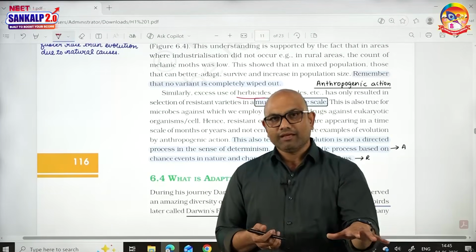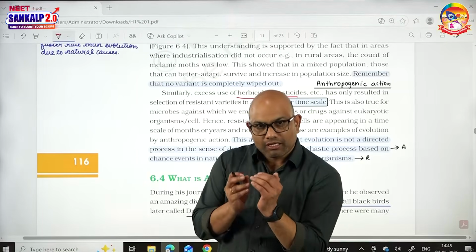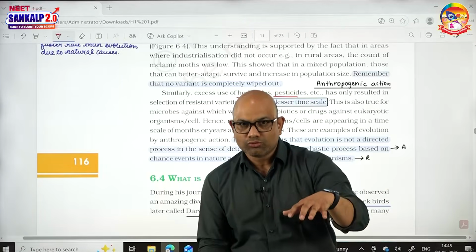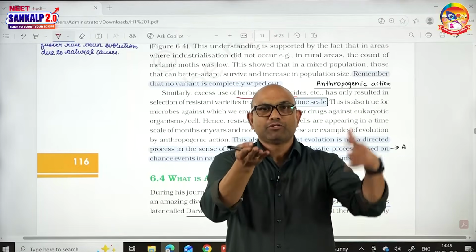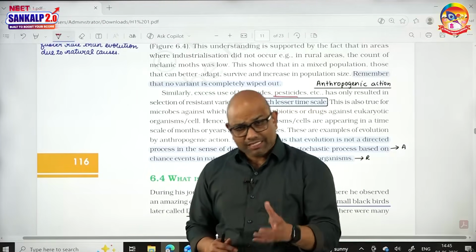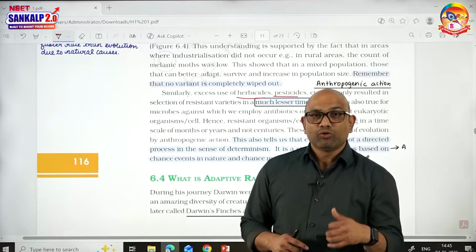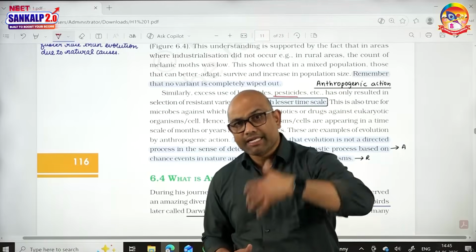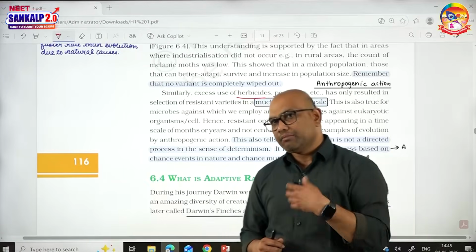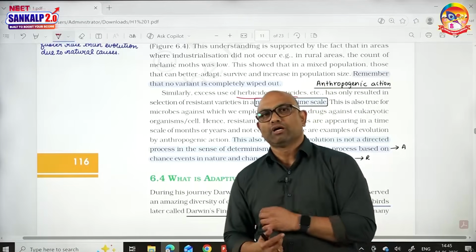So, when sensitive bacteria are killed, the resistant bacteria, which are fewer in number till now, slowly develop, which leads to the selection of resistant bacteria. So, by using herbicides, pesticides, antibiotics and drugs, we can select resistant varieties against those components. This is selection through anthropogenic action. Industrial melanism is an example of natural selection through anthropogenic action. These are also examples of selection through anthropogenic action.